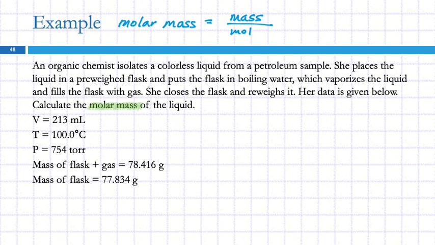How do I find the mass of the gas? I'll subtract them. So I got 78.416 grams minus 77.834 grams, 0.582 grams. So that's the mass of this gas sample.